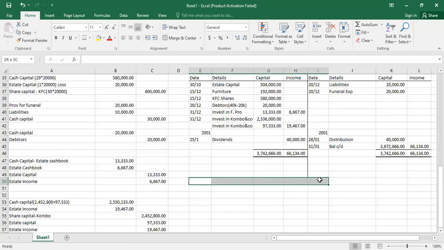Which book have we been asked to prepare? Estate income. Estate income account. So estate income account.